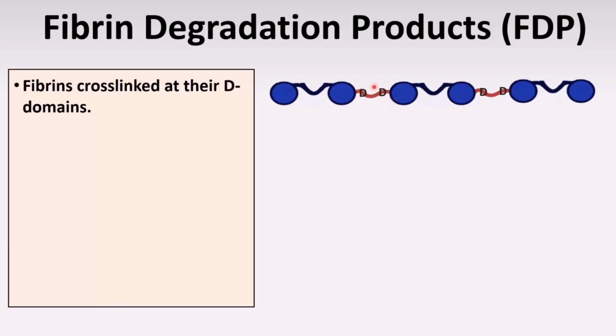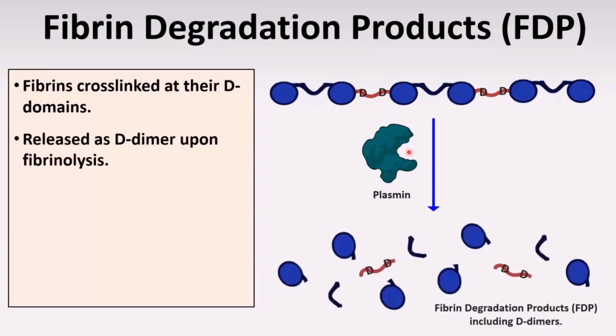When your fibrin strands are cleaved by your plasmin, they are cleaved in a very standard manner, in such a way that the D domains are released together with their cross-link. And these linked D domains are known as your D dimers.